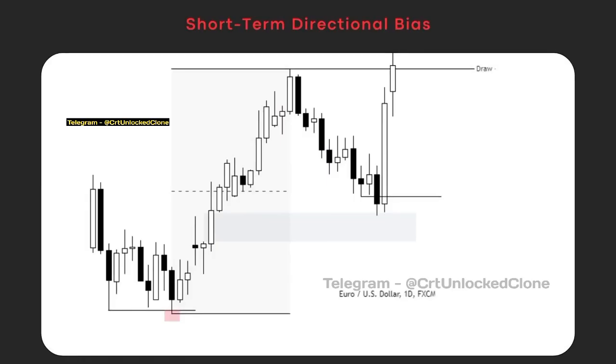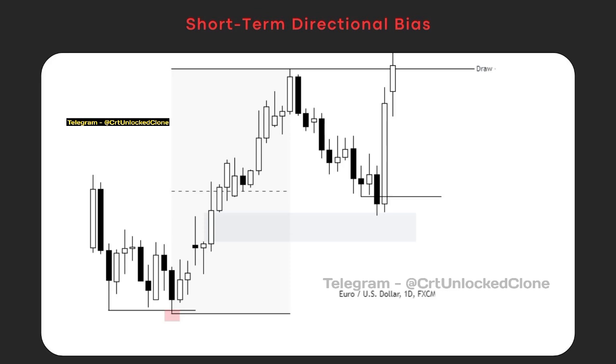And right here in this slide, you can see that even though our long-term objective was higher, even with all of that, we would have still looked for shorts throughout these 10 to 15 days. And once the short-term drawn liquidity was reached, only then we would have started looking for longs. If you had looked for longs right away, then you would have been wrong throughout these 10 to 15 days, right?